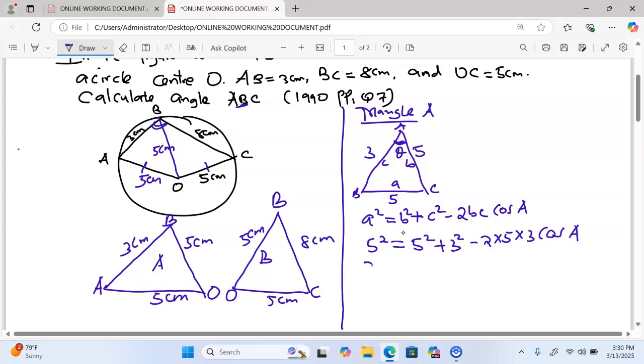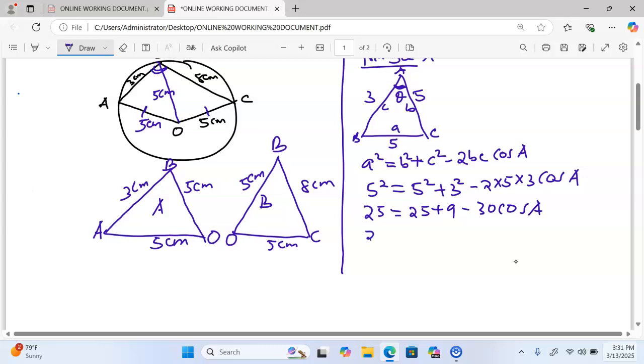We are going to have 25 being equal to 25 plus 3 squared is 9 minus 2 times 5, which is 10 times 3, will give us 30 cos of A. So this one is going to give us 25 being equal to 25 plus 9 will give us 34 minus 30 cos of A.